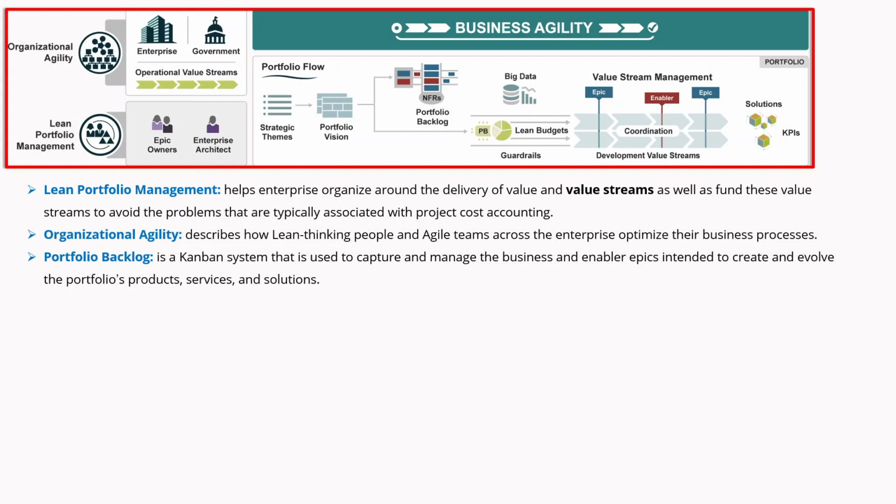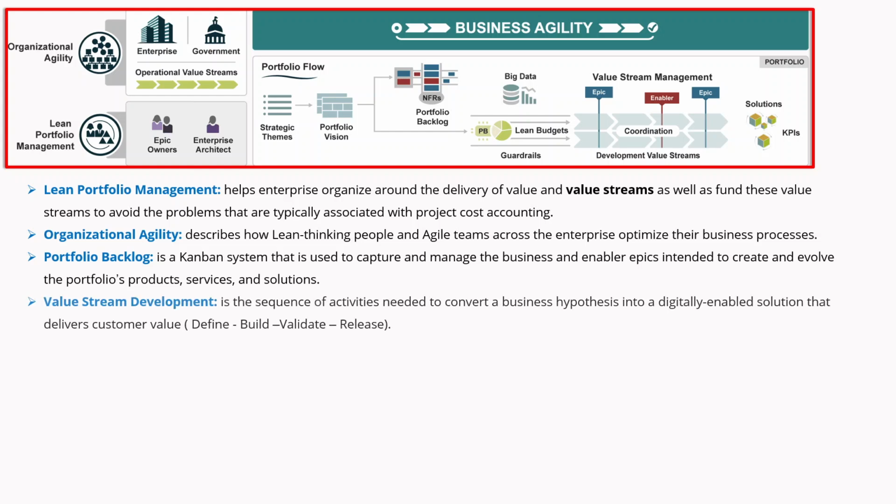So the portfolio backlog. It is a Kanban system that is used to capture and manage the business and enabler epics intended to create and evolve the portfolios of products, services, and solutions. The value stream development is the sequence of activities needed to convert a business hypothesis into a digitally enabled solution that delivers customer value.